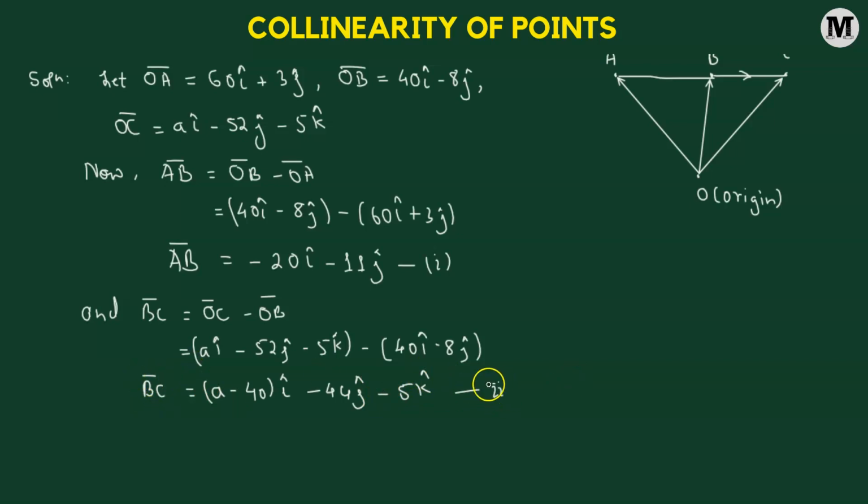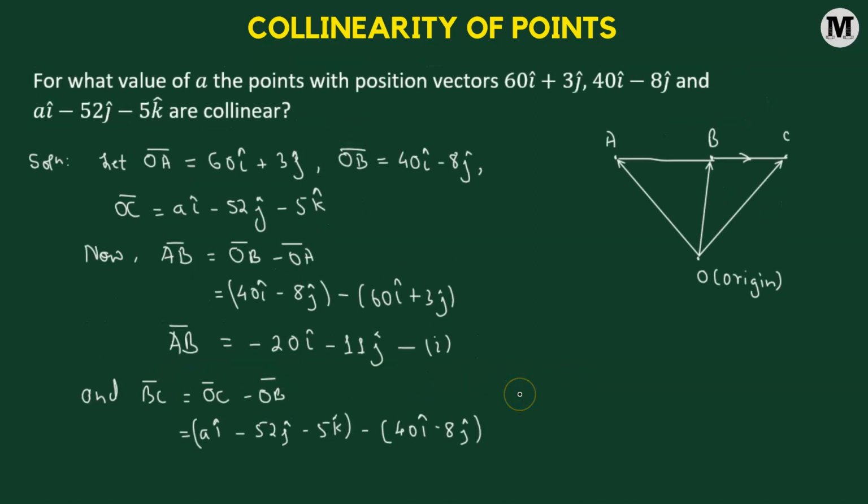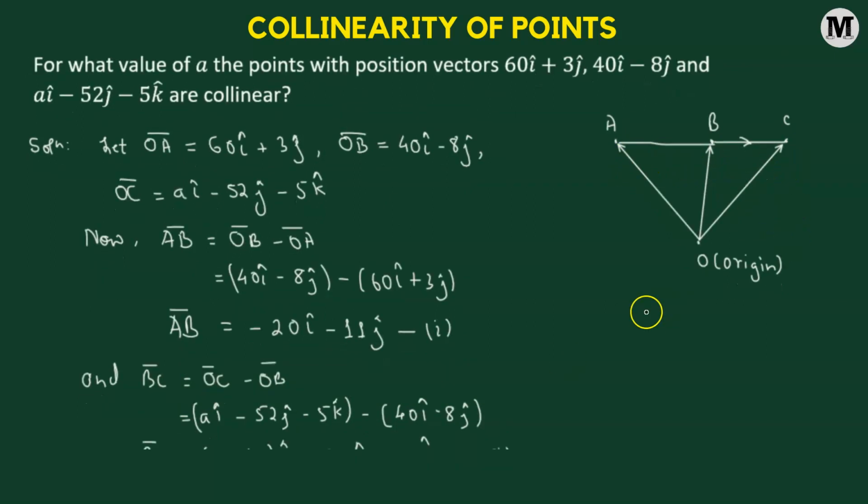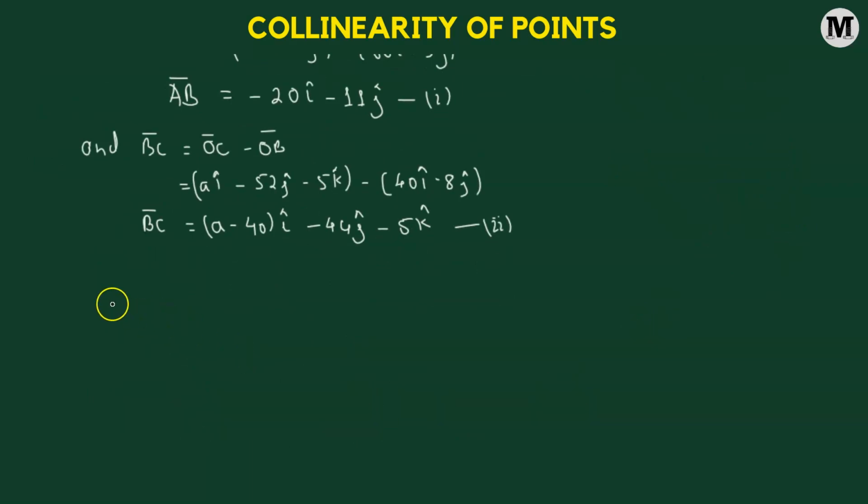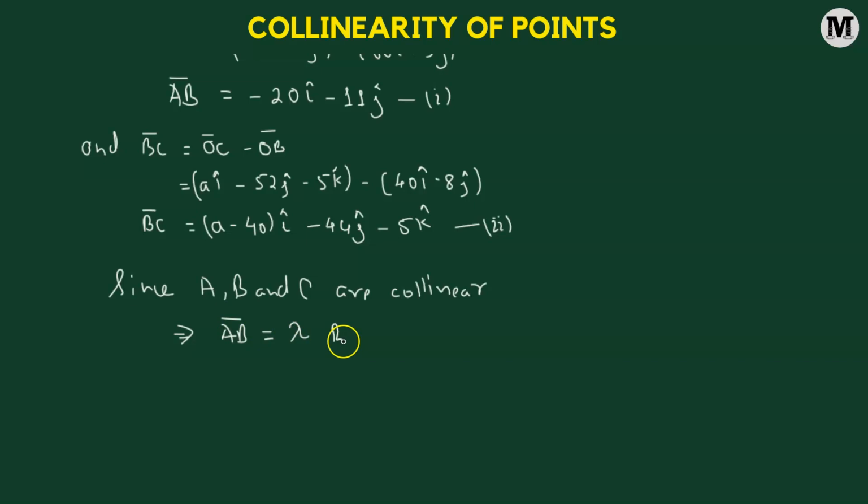Now, in the problem, it's already given that these 3 points are collinear. So since A, B, and C are collinear, it immediately follows that AB vector must equal some scalar lambda times BC vector, where lambda is some scalar value.